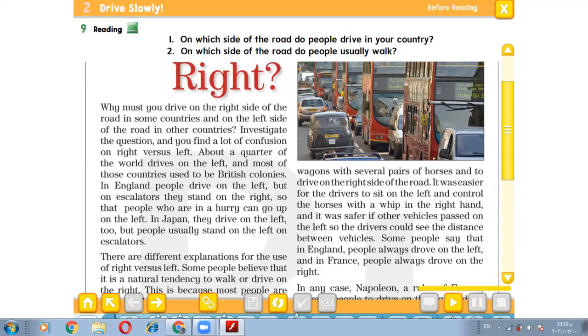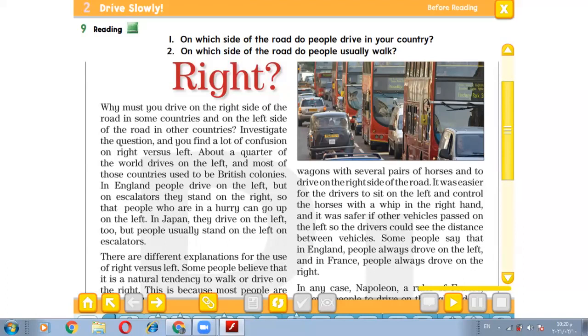In England, people drive on the left, but on escalators, they stand on the right, so that people who are in a hurry can go up on the left.